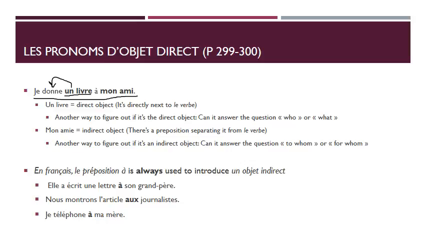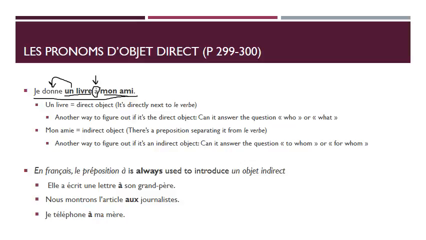Now, in this case, mon ami is our indirect object. And you'll notice that it's not un livre, actually, that's separating it. It's this little guy right here. It's a preposition. So I give a book to my friend. À is basically to.